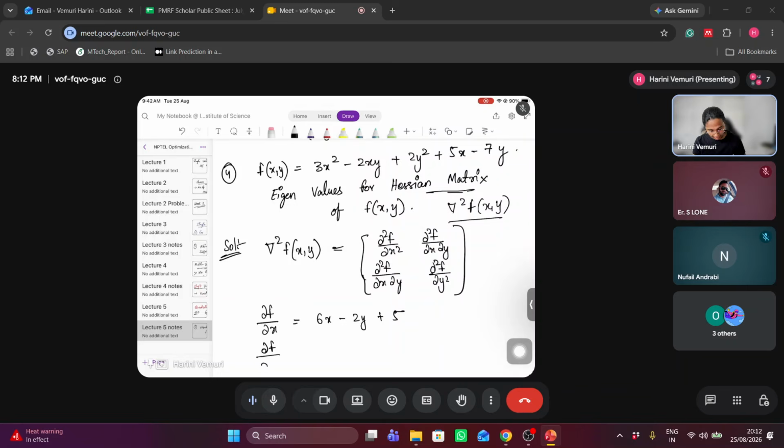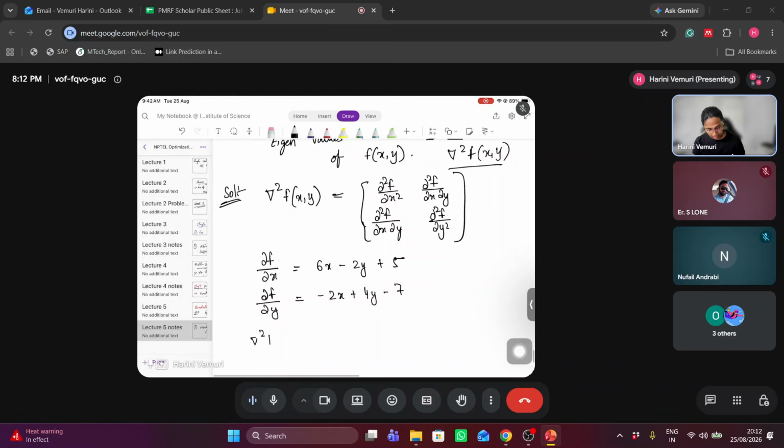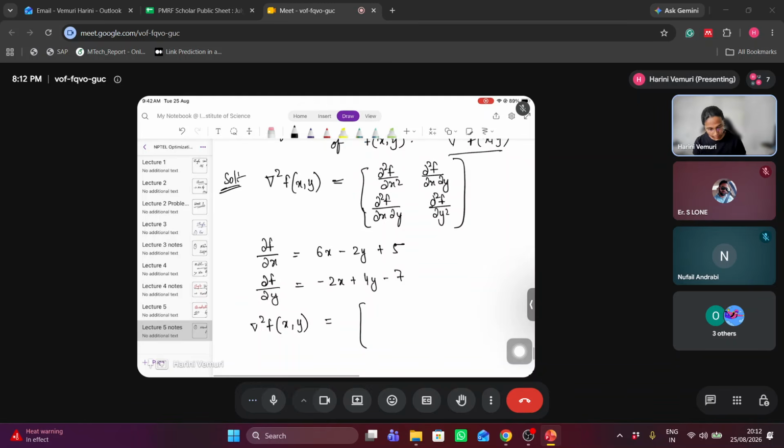Dou f by dou y is minus 2x plus 4y minus 7. Again we partial differentiate the first term with respect to x, that is 6, then with respect to y, minus 2.